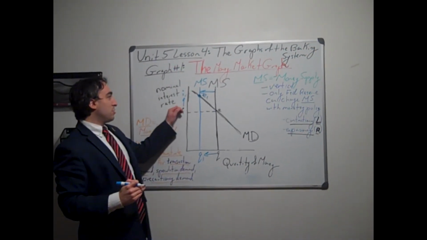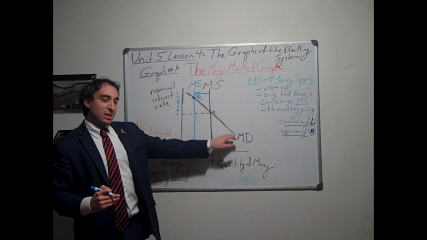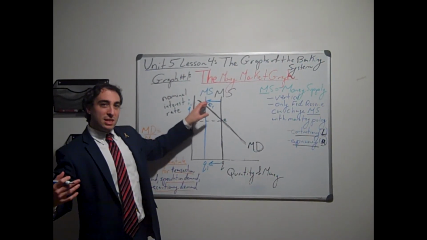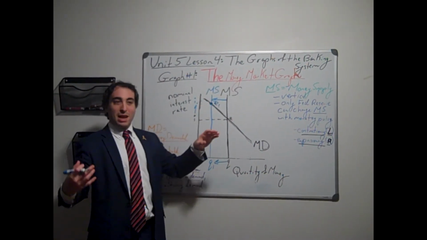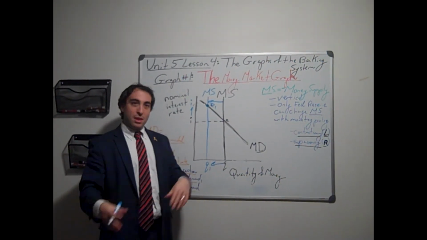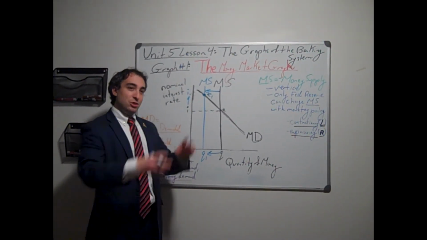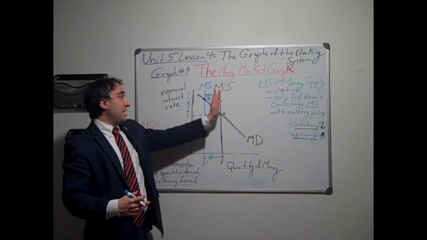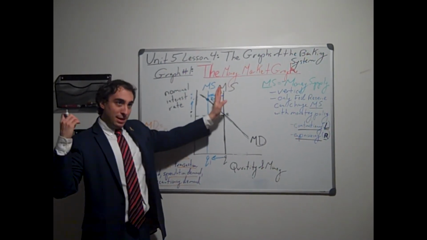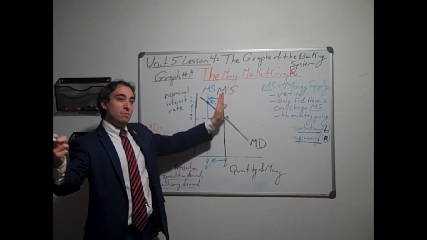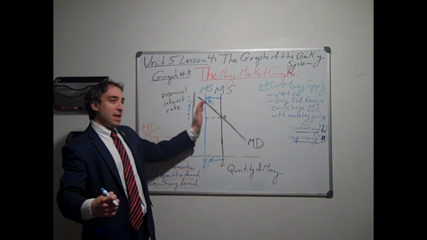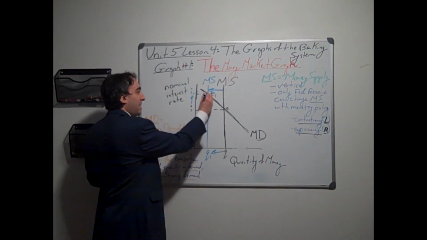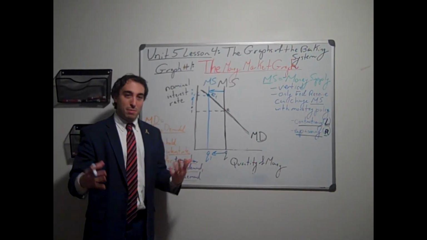And as the nominal interest rate increases, this decreases our demand for cash, as now the opportunity cost for holding cash increases, so we're more likely to put our money from M1 cash into M2 savings or certificates of deposits. But the main thing about this graph is the money supply. We can illustrate what happens to the money supply. It shifts to the left, and that it increases the nominal interest rate, the main effect of monetary policy.